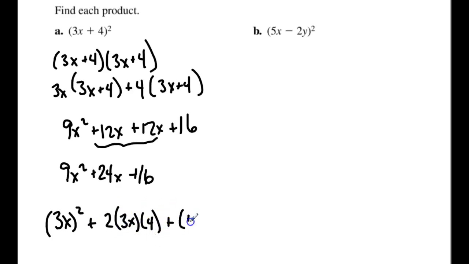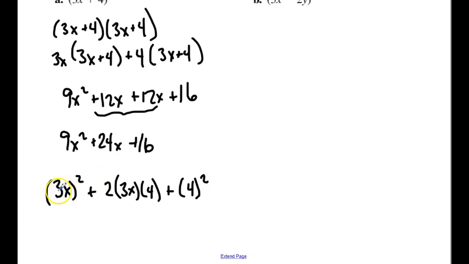And then I have my last term squared. Okay, so here's how I can just simplify it. I know that 3x squared is 9x squared. I know that 2 times 3x times 4, 4 times 3 is 12, times 2 is 24, so 24x. And I know that 4 squared is 16. So you see I get the same answer when I do it both ways, but this way just saves some time.